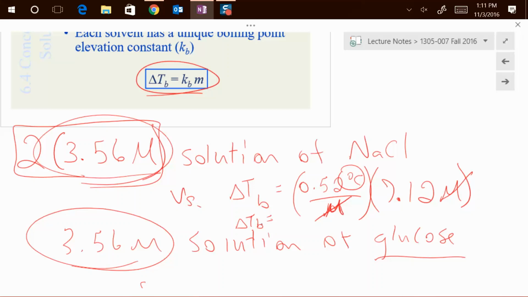What's the change in the boiling temperature here? 3.7? Okay, 3.7 degrees Celsius.